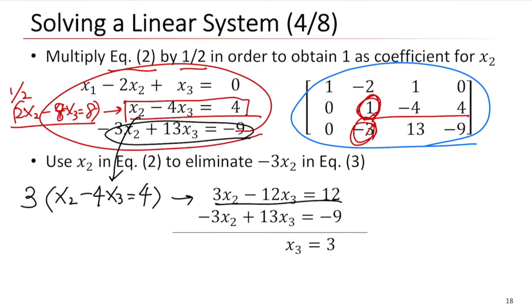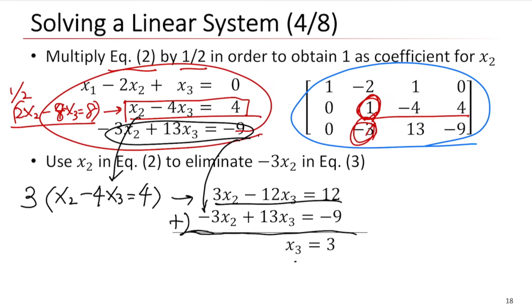And the original one was -3x2 plus 3x3 is equal to -9, right? So after that, how can we get the solution of x3?